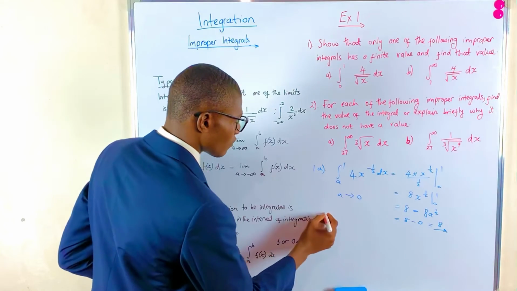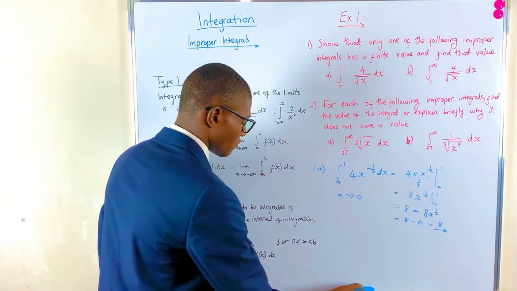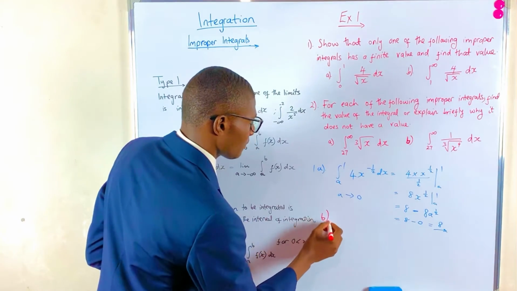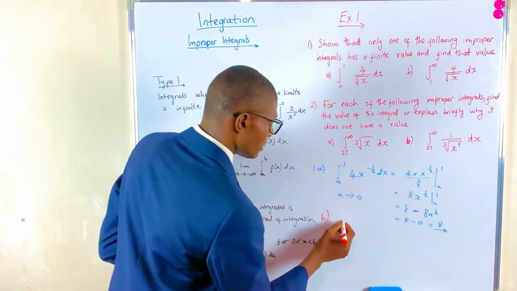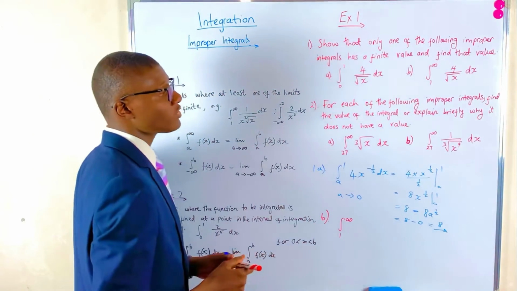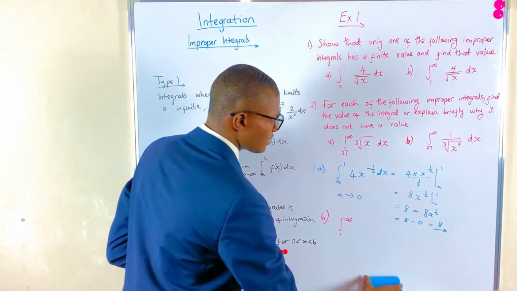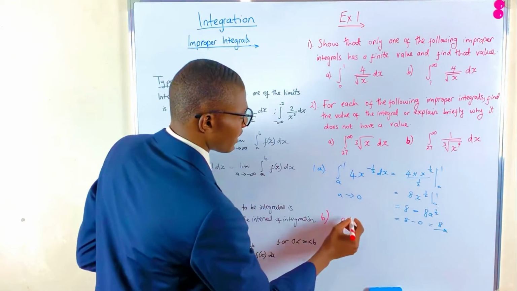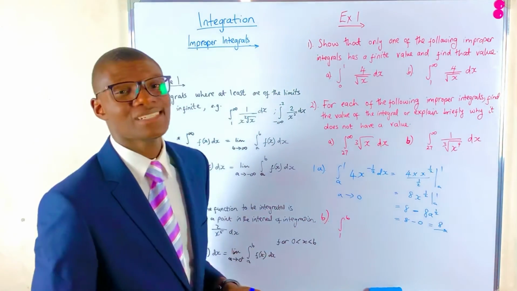Now the second one, let me do this in red. For the second one, we want to integrate with the limits from 1 to infinity. Let's substitute infinity by the letter b.